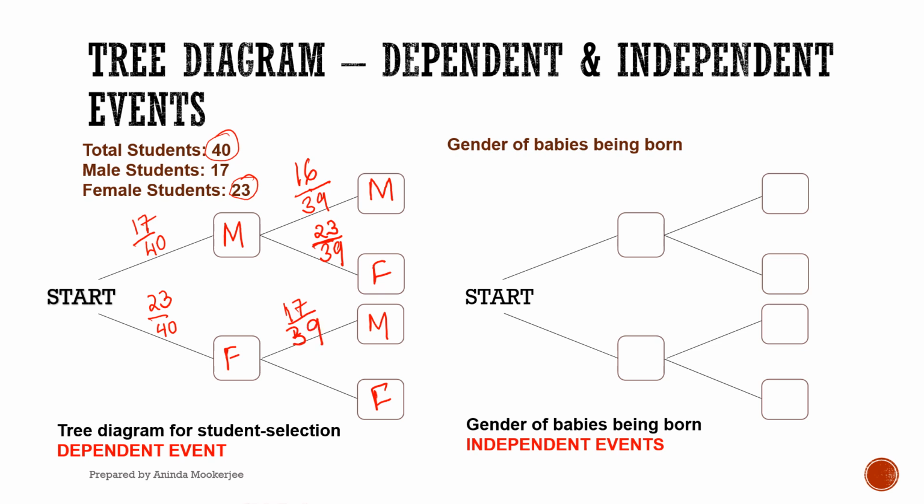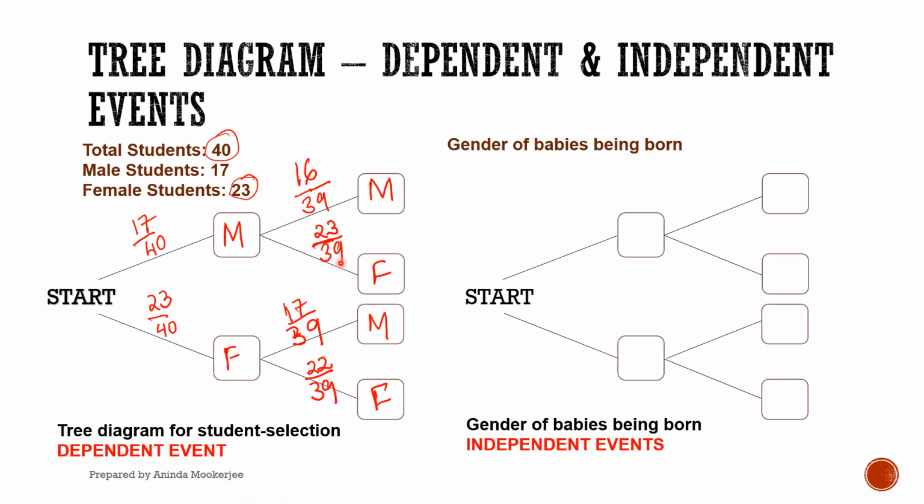What is the probability of picking a female student given that a female student was picked in the first draw? It would be 22 over 39. Why 22? Because since we already picked a female student in the first draw, the number of female students was reduced by 1 in the second draw. All right, so it's now 22 over 39.